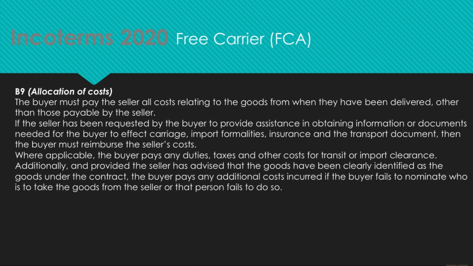Where applicable, the buyer pays any duties, taxes, or other costs for transit or import clearance. Additionally, and provided the seller has advised that the goods have been clearly identified as the goods under the contract, the buyer pays any additional cost incurred if the buyer fails to nominate who is to take the goods from the seller or that person fails to do so.